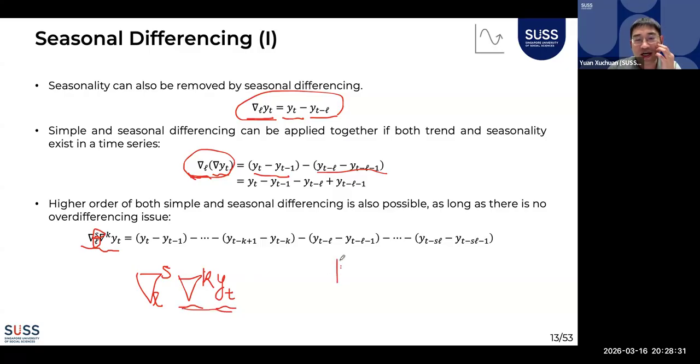For example, the B operator refers to one step backward. We mentioned this in seminar 2: it is the backshift by one period. Some textbooks use operators to make the notation simple.